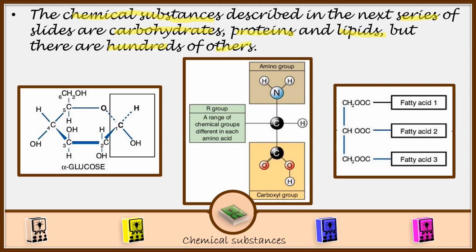These are the chemical substances we shall mainly look at: carbohydrates, proteins and lipids, but there are very many other chemical substances that are used in the body or carried out in the cell of a living organism.